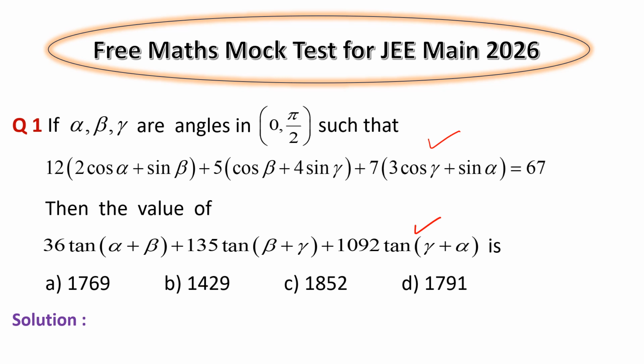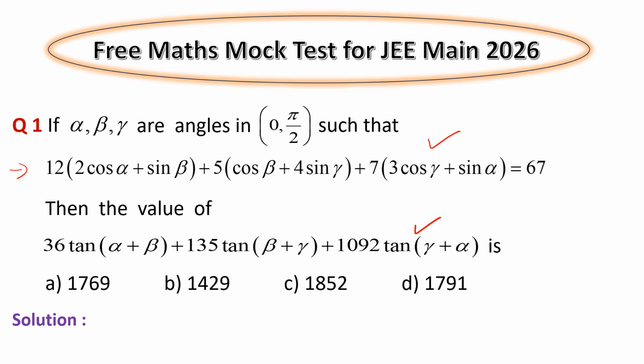Now students, since there are three variables and only one equation is available, clearly this is a tricky problem. And the trick is that I will readjust the terms given in this equation.